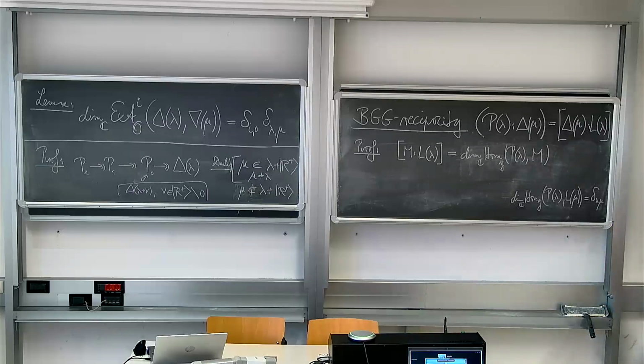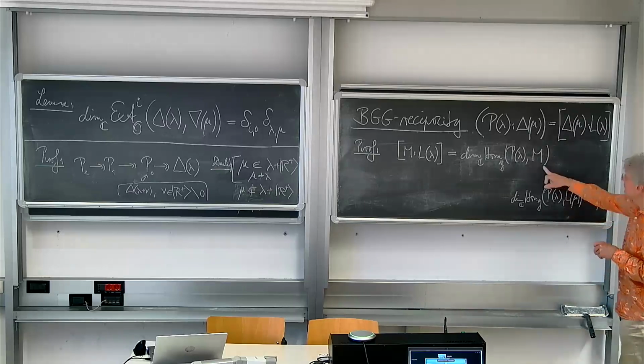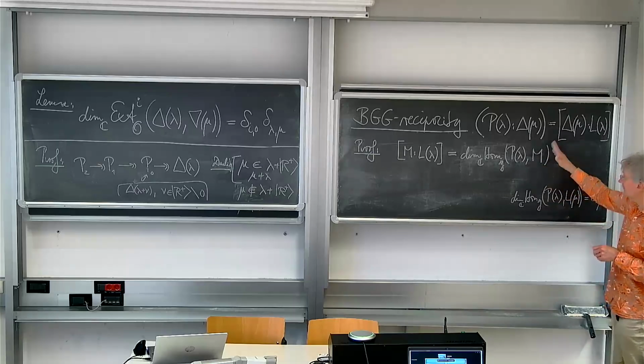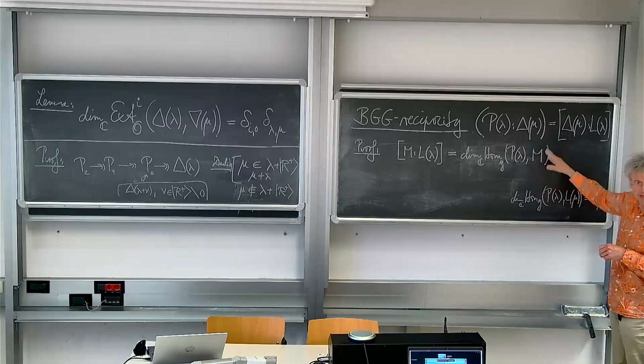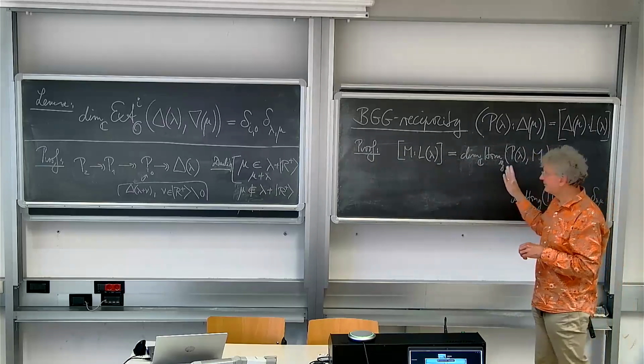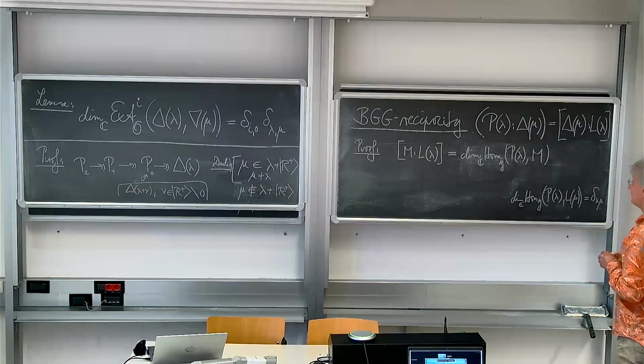I hope this is pretty clear. This is again a general fact about C-linear abelian categories with these properties we had. So we can make induction on a filtration by the Jordan-Hölder series, and we get this equality.